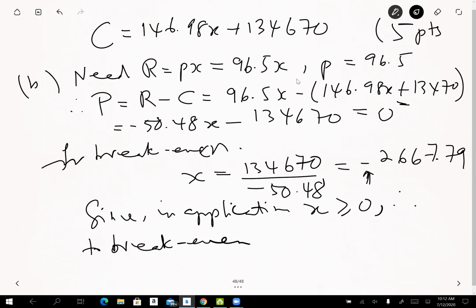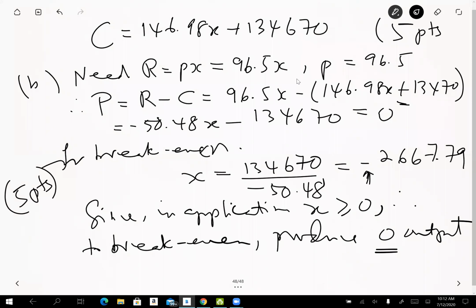To break even, produce what output? Produce 0 output, because there is no such thing as negative output. But many of you just maintain the negative output. It's okay, I didn't take out any point. So that part, 5 points.